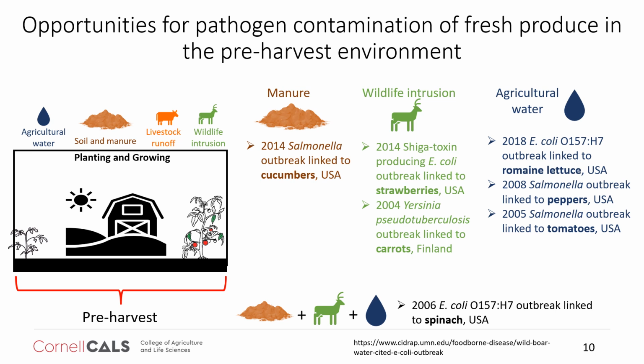Therefore, managing and monitoring only one pre-harvest factor is not enough. We have to take a systematic look at all factors in order to manage foodborne pathogens at the pre-harvest level.